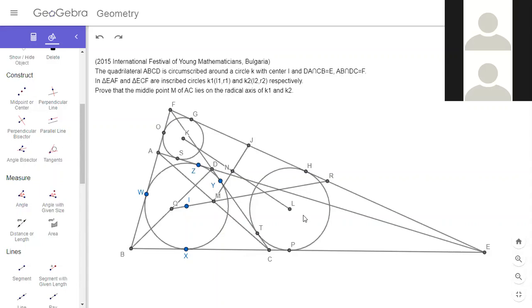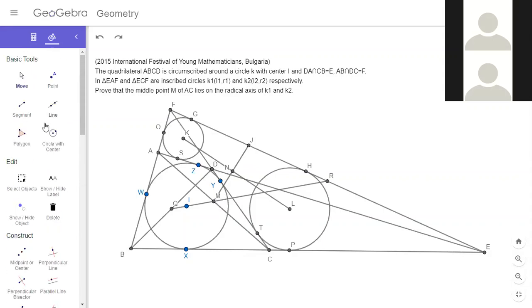So maybe the gliding principle. So M is the midpoint of AC, J is the midpoint of GH. Is N the midpoint of MJ? No. But is ACGH cyclic or no?